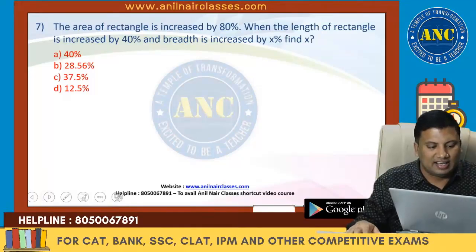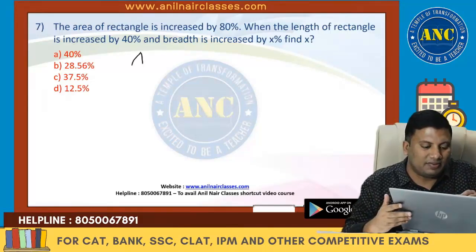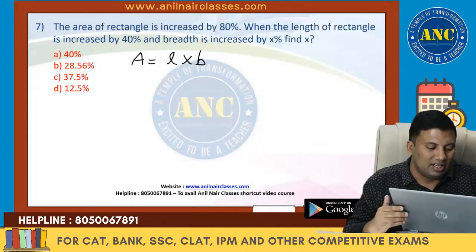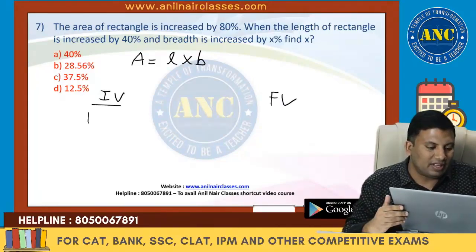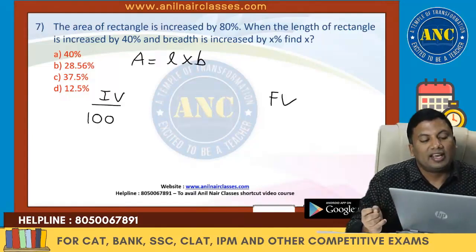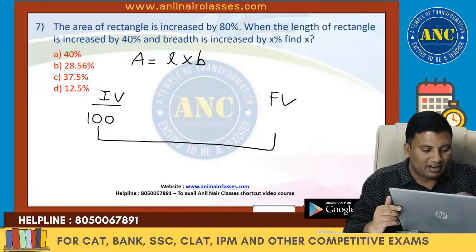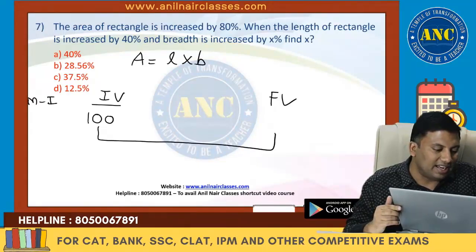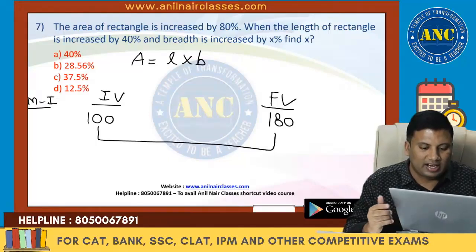Now let us see. The area of a rectangle, now this is the concept which we discussed. Area of a rectangle is length into breadth. Initial value, final value. Initially if the area is 100, the area is increased by 80. Method 1: the area is increased by 80, so the final value is 180.